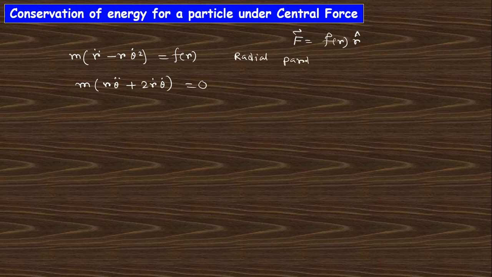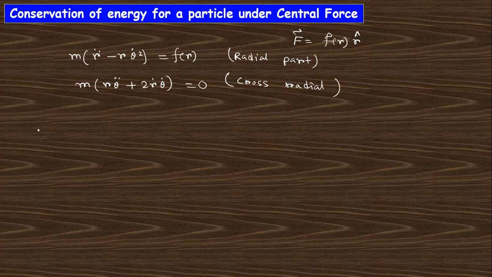And you know from the previous, the radial part of this component equals f of r, and the cross radial part, that is 2 r dot theta dot, could be 0. This is the radial part, and this is the cross radial part. These two are 0.